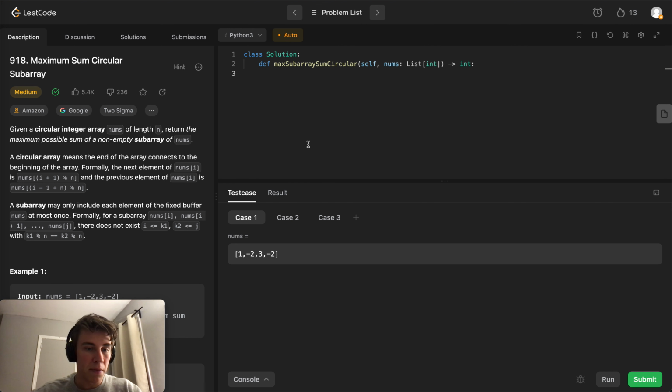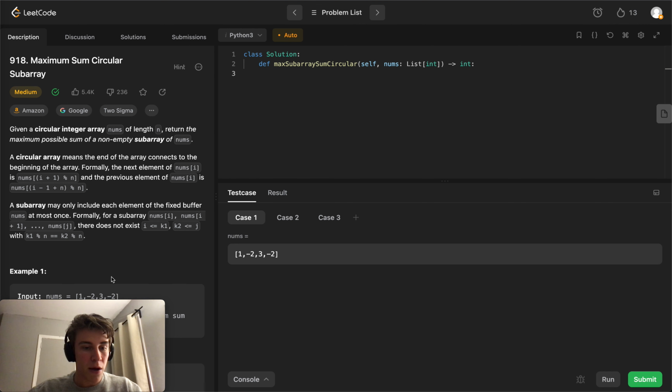A circular array means the end of the array connects to the beginning of the array. Formally, the next element of nums[i] is nums[(i + 1) % n]. Sweet. I'm sure visually a circular array makes complete sense. It is an array where the value after the last value is the first value.